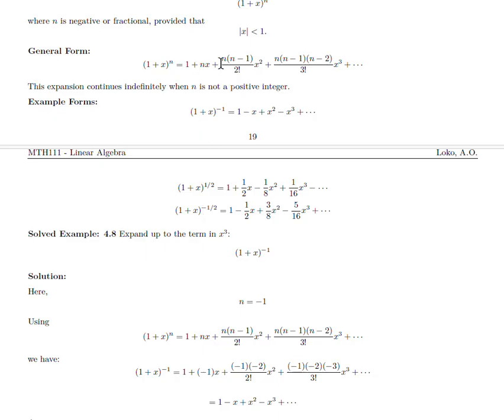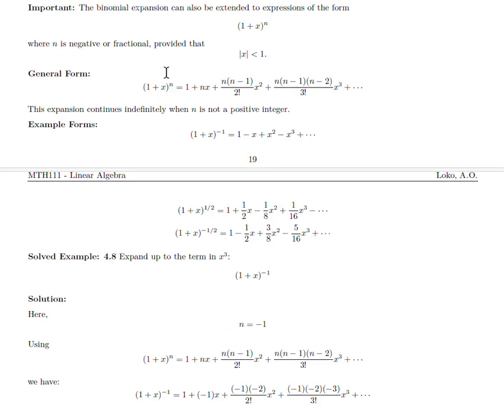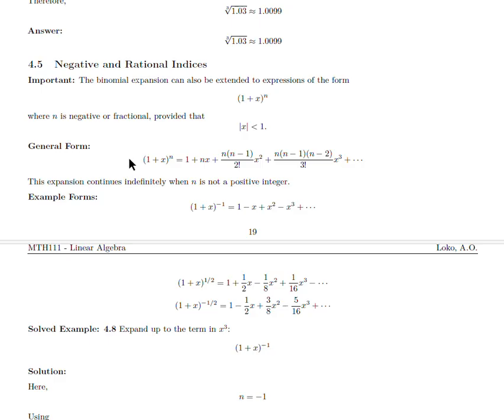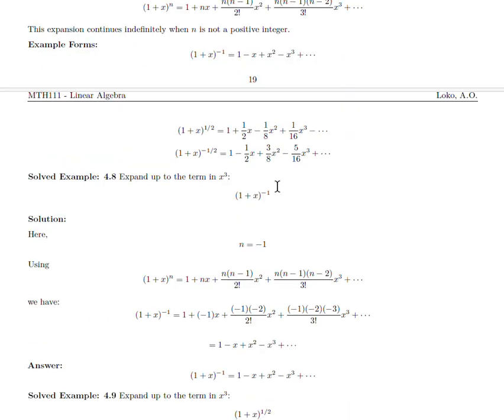In this case, all the n you substitute minus 1 over 2, you get this. Now take note for this negative index and rational index, the first term of the binomial must always be 1 before this formula can work, before we can apply this expansion.